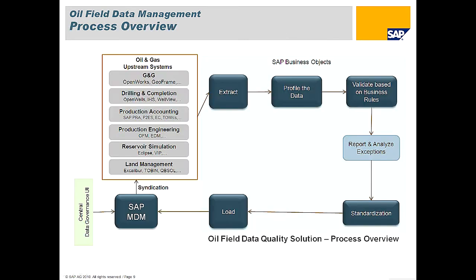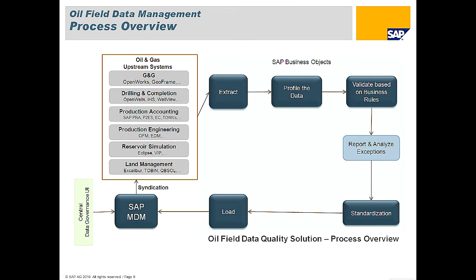Here is the process overview, or the demo flow, of what we are going to look at. In a typical customer place, the customer would have heterogeneous systems. Of course, there is no single enterprise-wide solution covering all oil and gas upstream or downstream specific challenges.